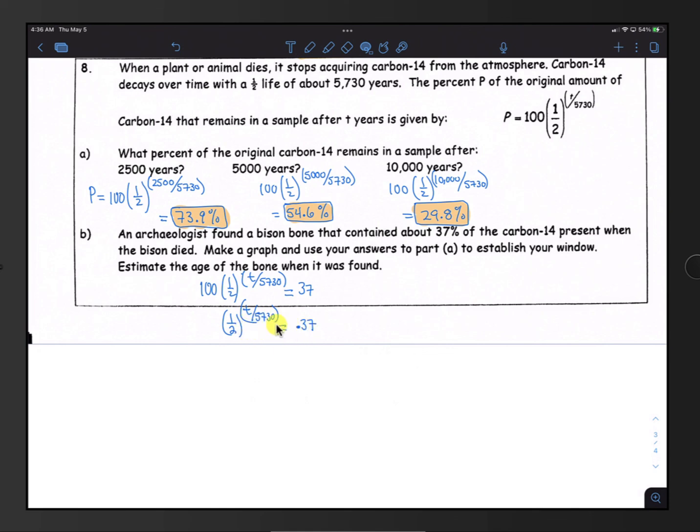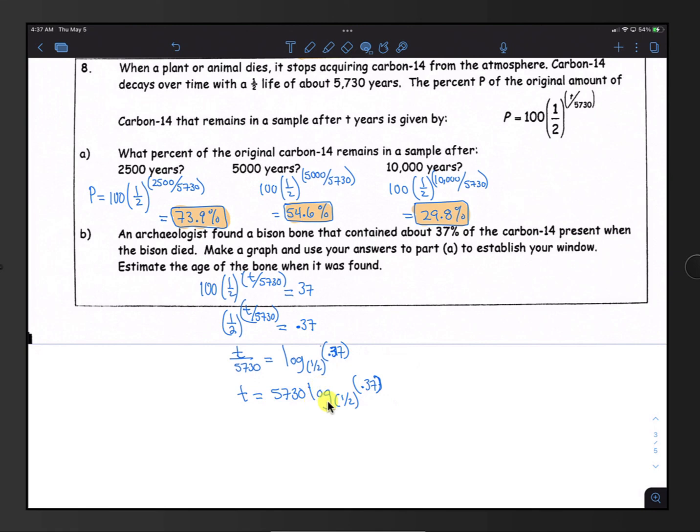Then we'll change this into log form. So that would be log base 1/2 of 0.37 equals T over 5730. Now to get T by itself, we would multiply by 5730 on both sides. So T is 5730 times log base 1/2 of 0.37.